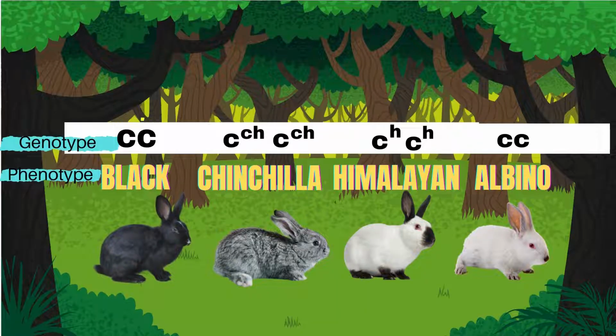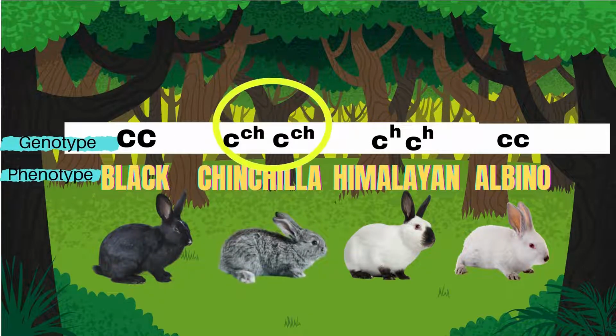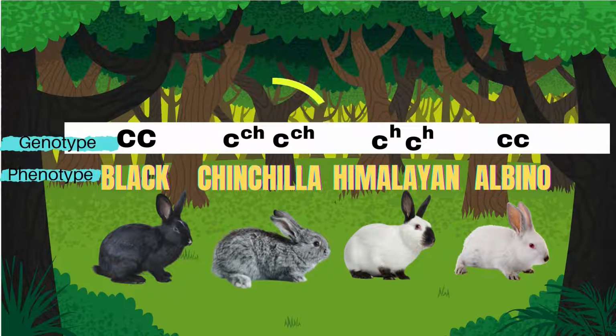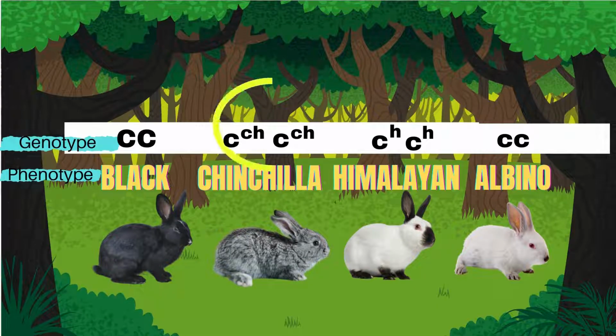So what is the genotype and phenotype of each organism? Let's describe them one by one. For the first organism, the genotype is capital C, capital C with phenotype of black wild-type rabbit. For the second organism, the genotype is lowercase c with superscript ch, lowercase c with superscript ch, and the phenotype is called chinchilla.